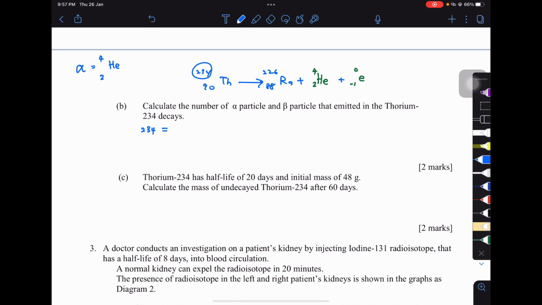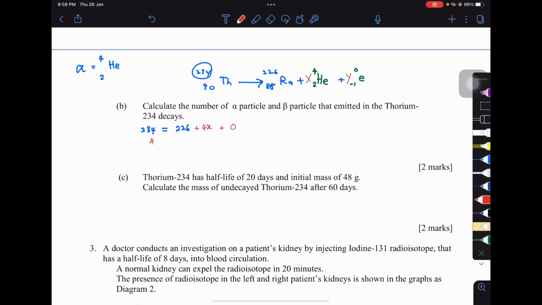So 234 equals 226 plus 4. We don't know how many 4s we need, so let's place an X here, a Y here. So plus 4X plus 0Y, which is 0.